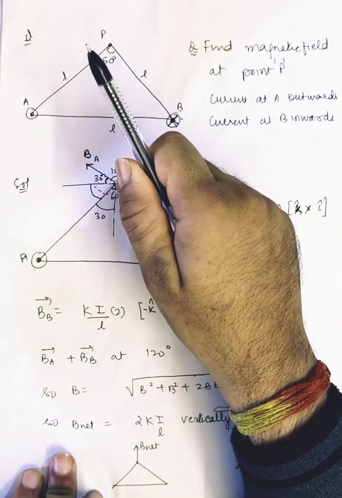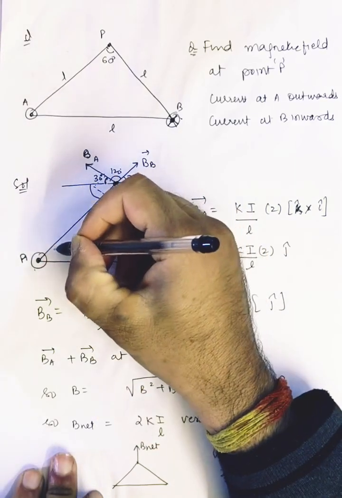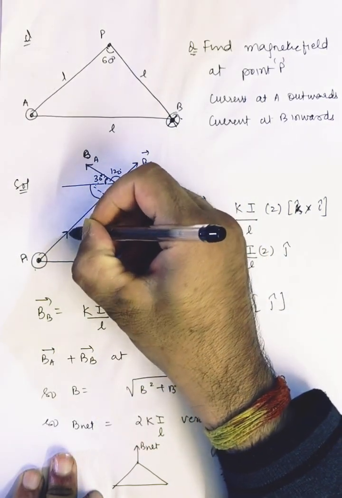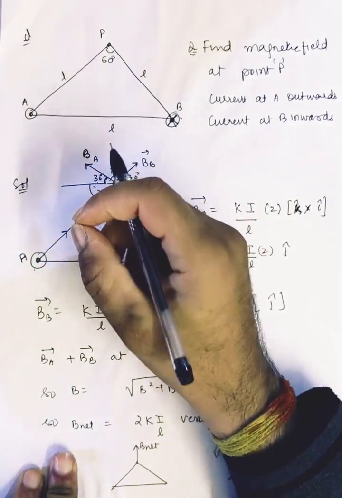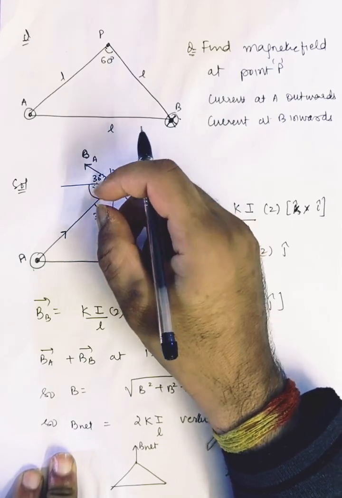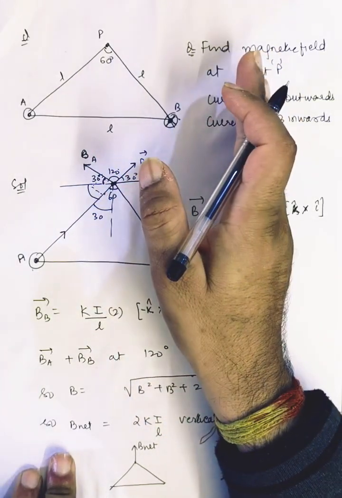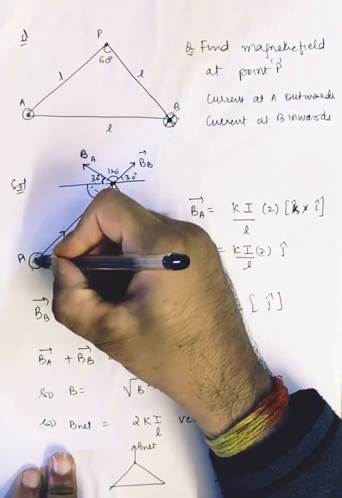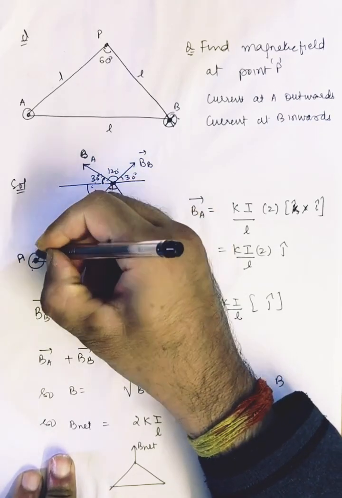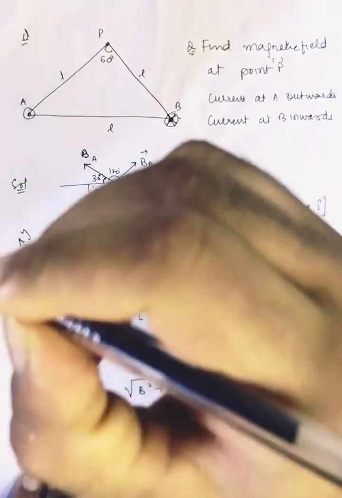See, this was the X axis, no? So for every wire I'll have a local XYZ. So I'll be using a local XYZ method to find out the direction of magnetic field, and many other questions I'll be using the same. Means if I'm talking about only this wire, then this is X axis, this is Y axis, upward is Z axis.